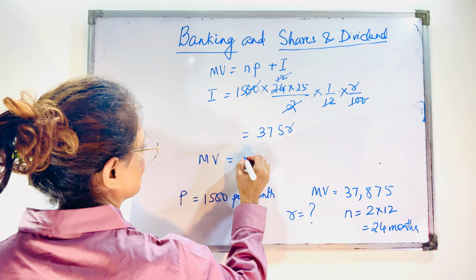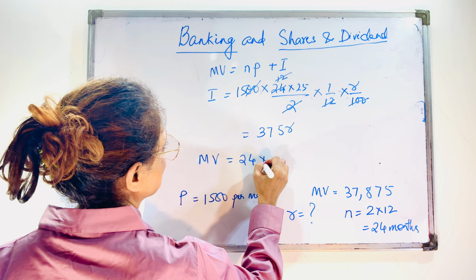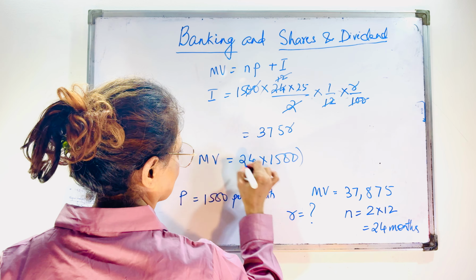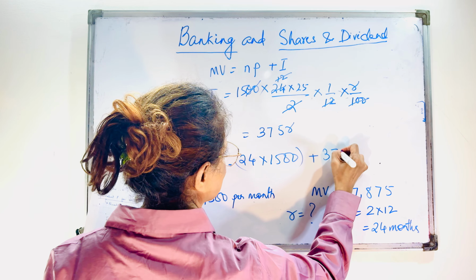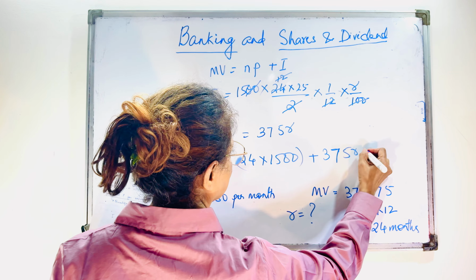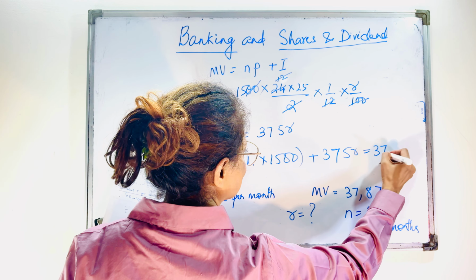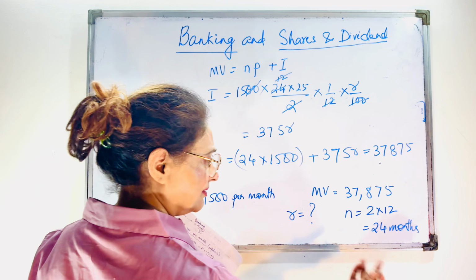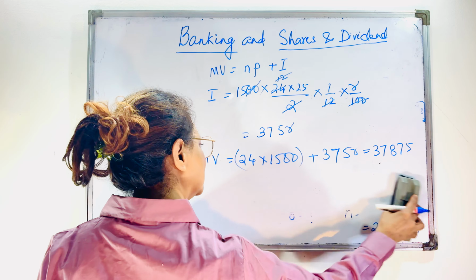Maturity value is n times P plus I, where n is 24, plus 375 R. This is given to be 37875. Correct? So just put the value there.